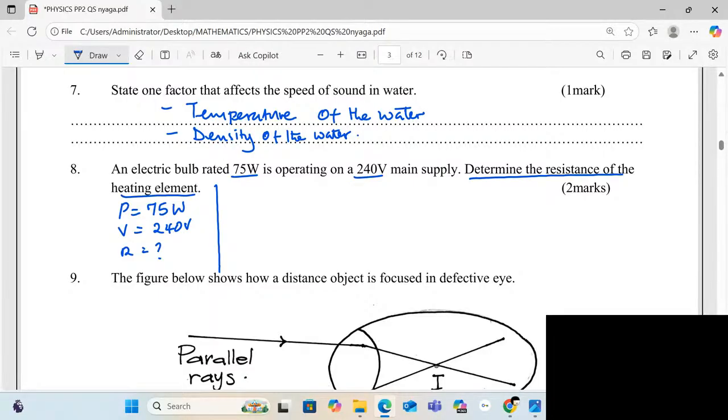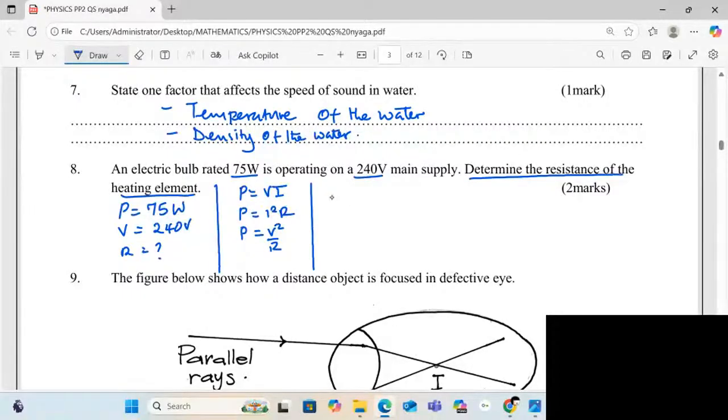I haven't worked out this one, but it is very easy. So we know that we have several methods where power is given as VI, power is given by I squared R, and power is given by V squared over R. Then we just need to pick what fits our question.